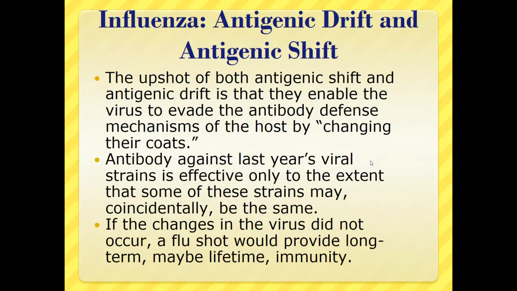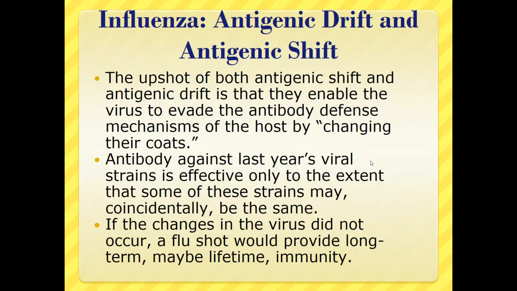Well, the immune system is stuck on this white coat. It has antibodies against the white coat, but now there's a blue coat. It doesn't have any response against the blue coat yet. So now it has to learn the blue coat, and it has to produce antibodies against the blue coat.